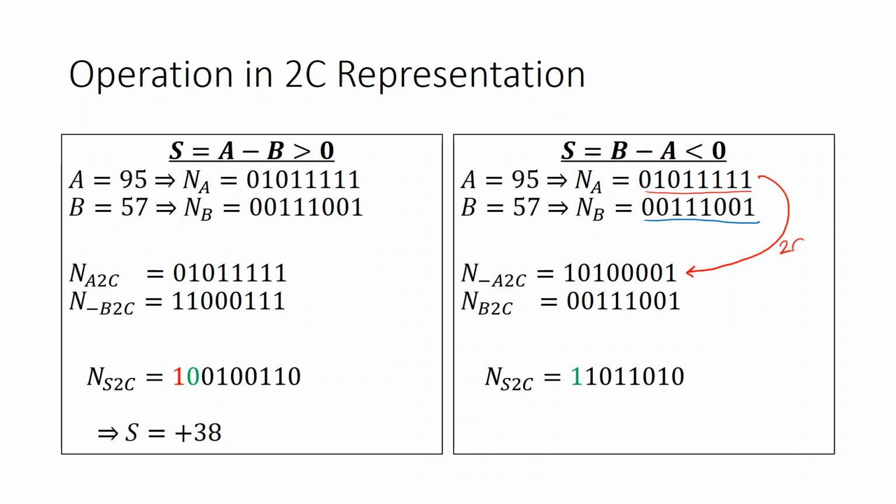When you do a 2's complement on it, you get the 2's complement representation of minus 95, and then you do the simple arithmetic addition on the 2's complement representation of minus A and plus B.